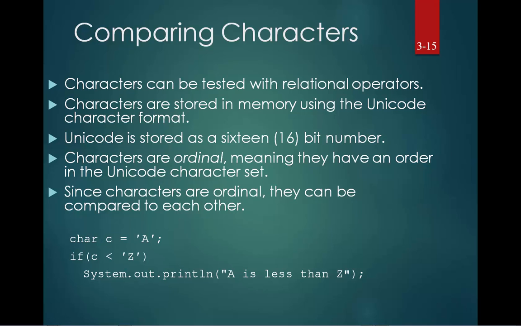Individual characters can also be compared just like numbers are compared. The relational operators work because deep down in the code, characters, as we discussed in class, are actually just integers. They're stored as integers, a 16-bit number in this case.